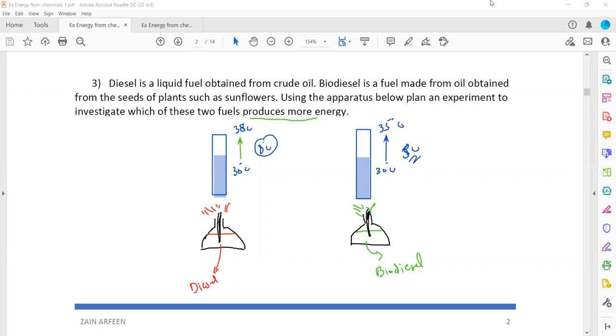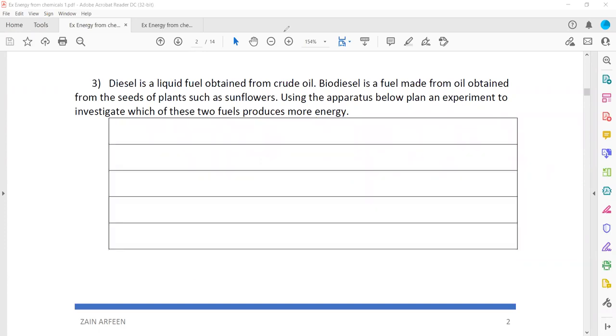So how do we plan this experiment? We'll take equal volume of diesel and biodiesel in a spirit burner.